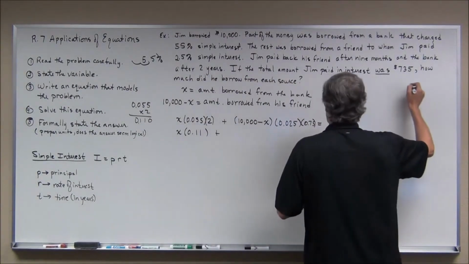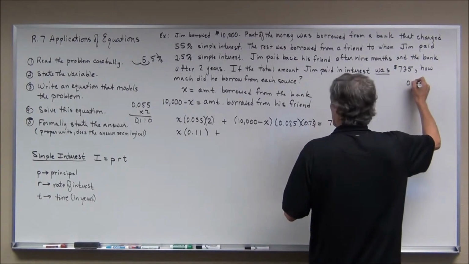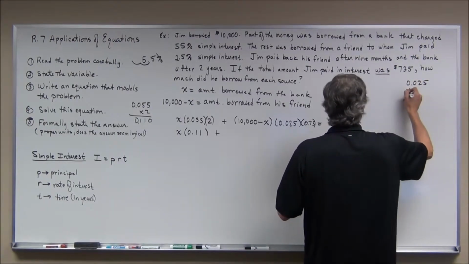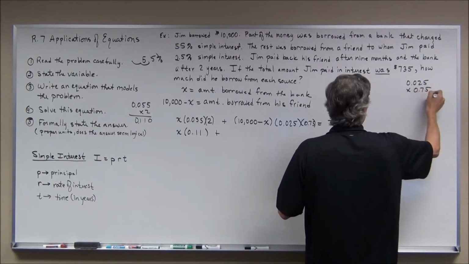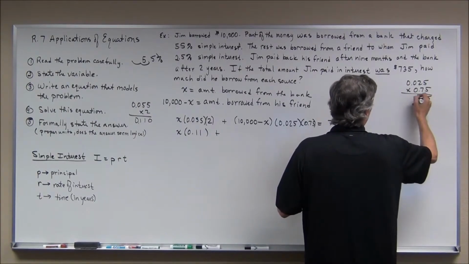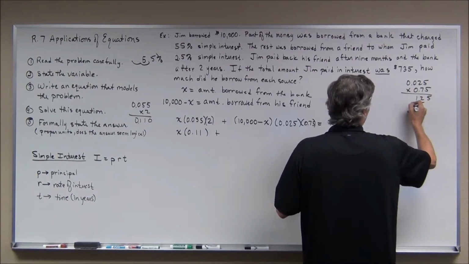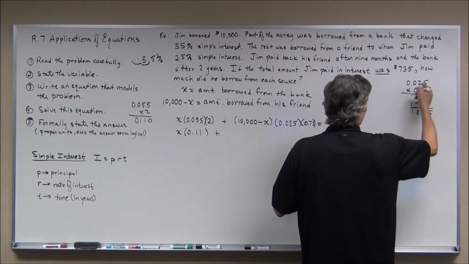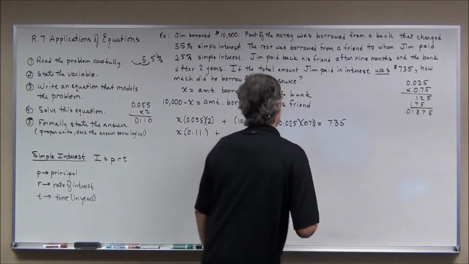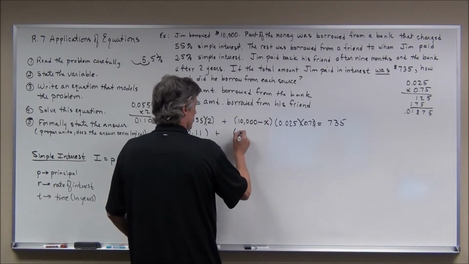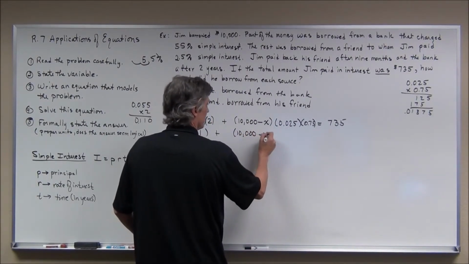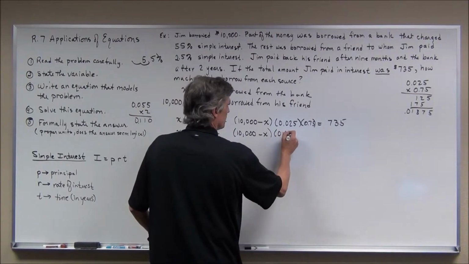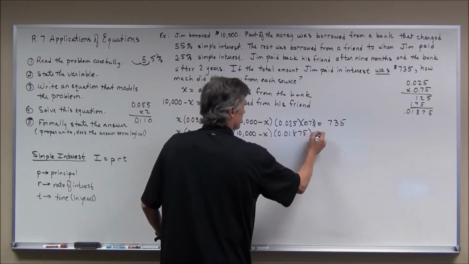So I have to do a little scratch work here. Don't have my calculator handy. So that's 5 carry 2, that's 12, that's 5 carry 3, that's 17, that's a 5, a 7, an 8, a 1 with 5 decimal places. So this turns out to be 10,000 minus X times 0.01875.